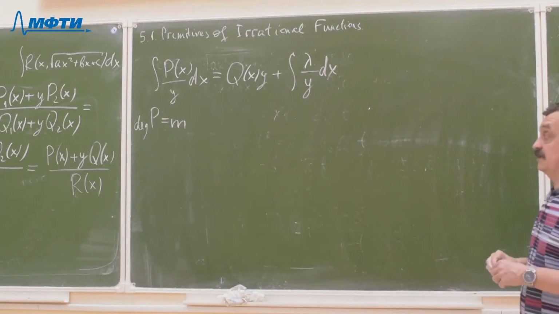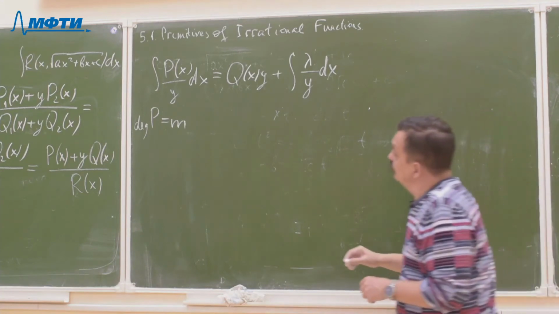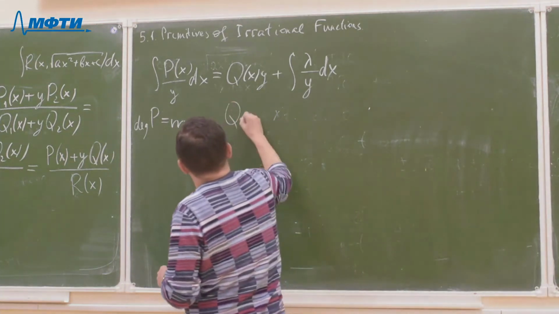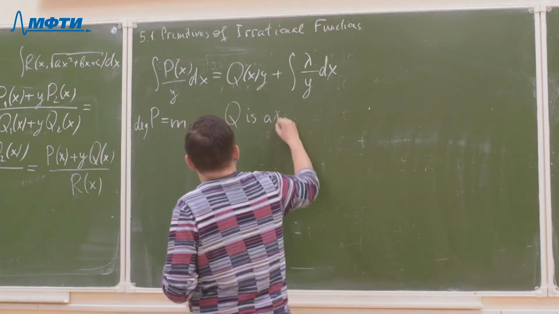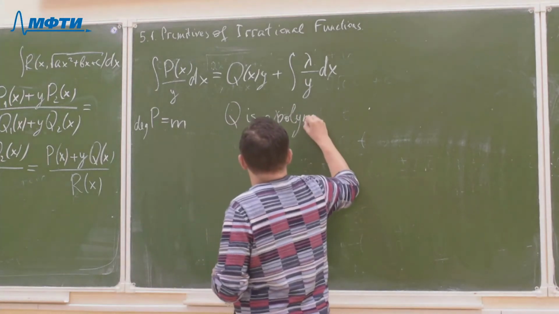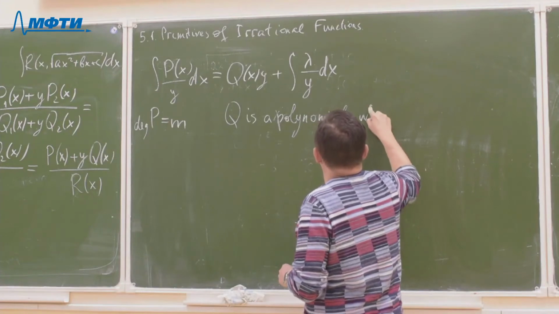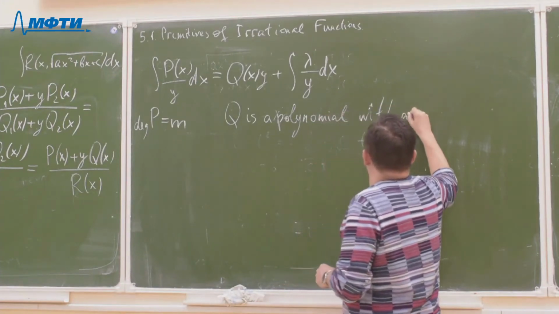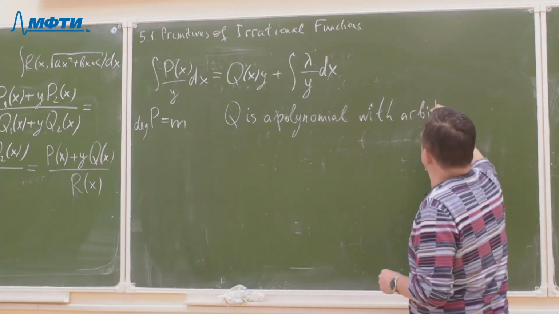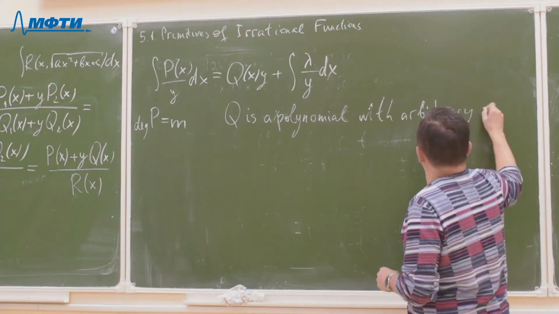So, what is here? Q is a polynomial with arbitrary coefficients.